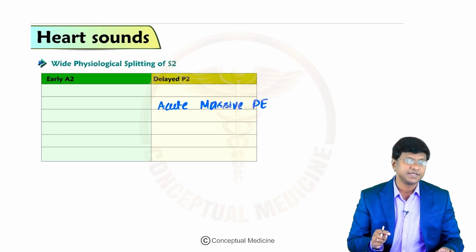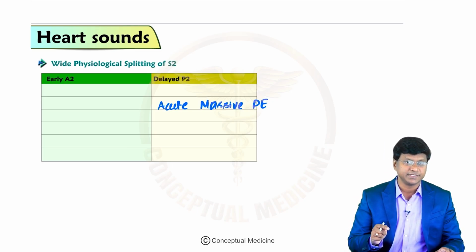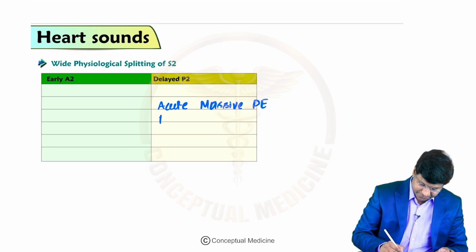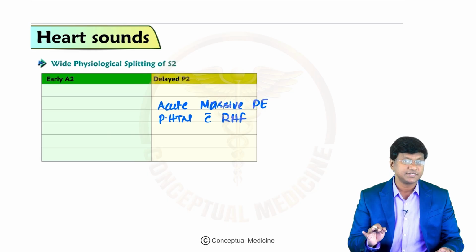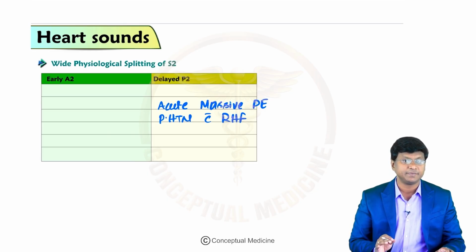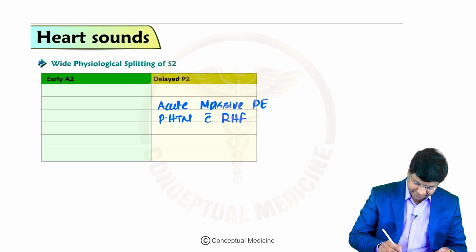Another clinical scenario where you will have the delayed P2 is pulmonary hypertension with right heart failure, right? Pulmonary hypertension with right heart failure. And the third scenario where you have the presence of the delayed P2 is pulmonary stenosis with intact interventricular septum.